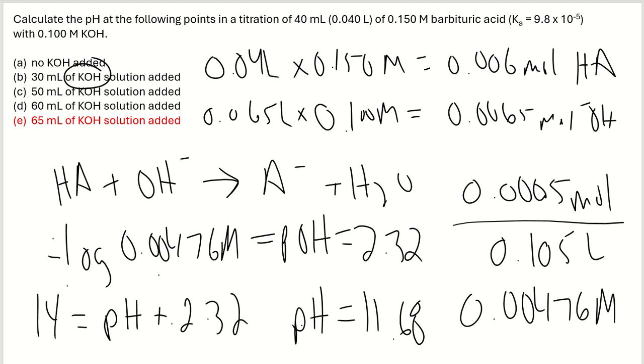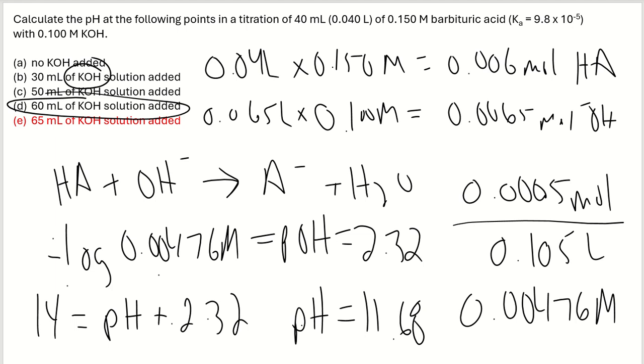There's a special scenario halfway to the equivalence point where the pH equals the pKa. Once we reach the equivalence point, what we need to do is another ICE table, but now we're dealing with the conjugate base A minus, and we have to flip Ka to Kb. And when we solve for the concentration, it's actually the hydroxide.